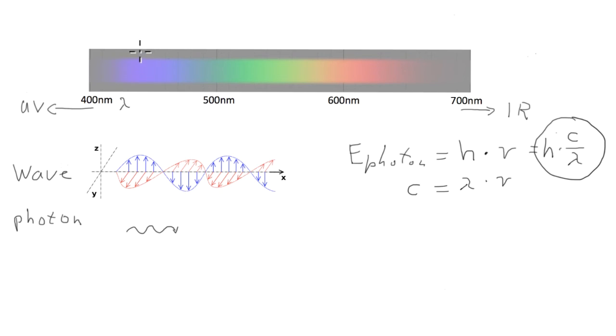For light with 450 nanometers wavelength, using this equation and multiplying by Avogadro's number, the energy for a mole of photons is 63 kcal per mole. And 680 nanometers, a nice deep red light towards the edge of the infrared, has 42 kcal per mole.